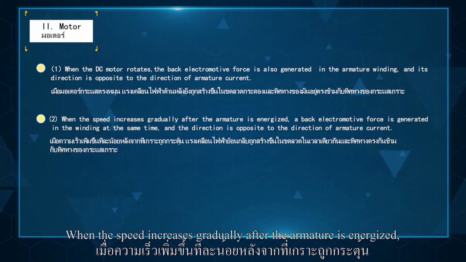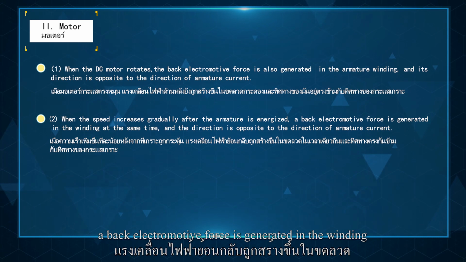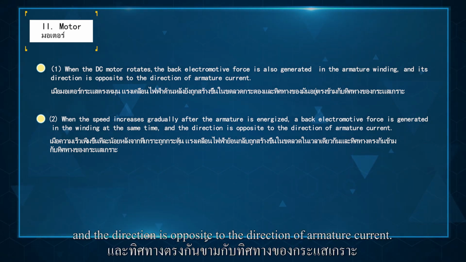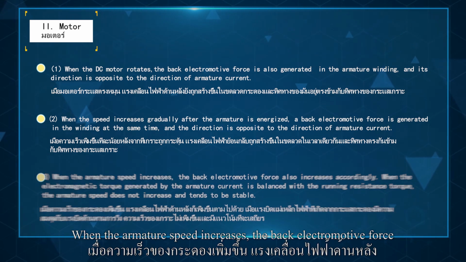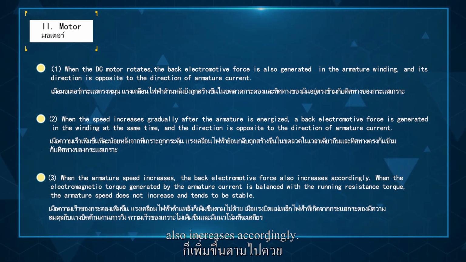When the speed increases gradually after the armature is energized, a back electromotive force is generated in the winding at the same time, and the direction is opposite to the direction of armature current. 3. When the armature speed increases, the back electromotive force also increases accordingly.